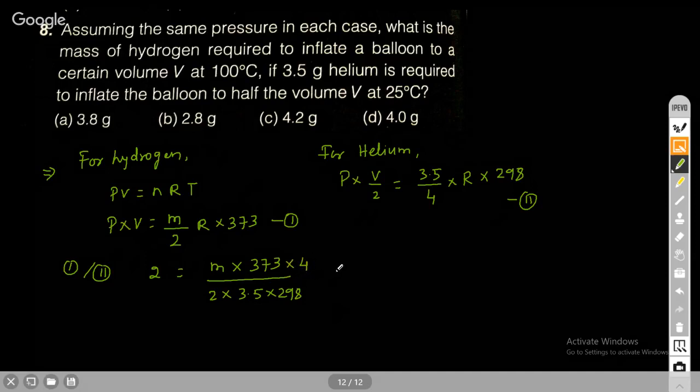This is what you have to solve, and once you solve this equation you will get mass equals 2.8 gram. Hence the answer will be option B. Got it?